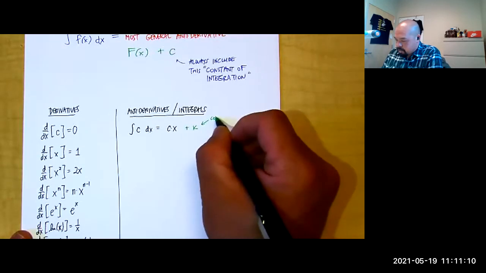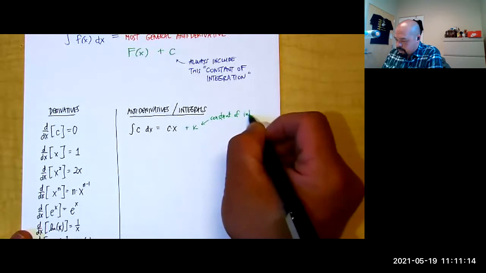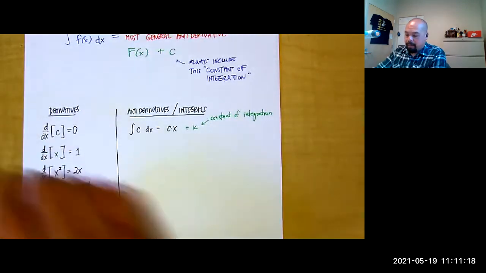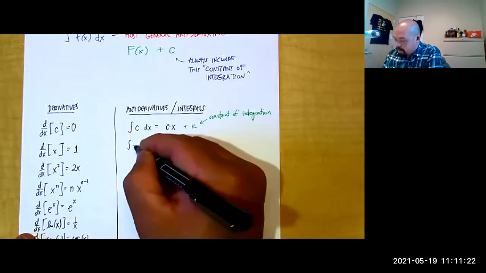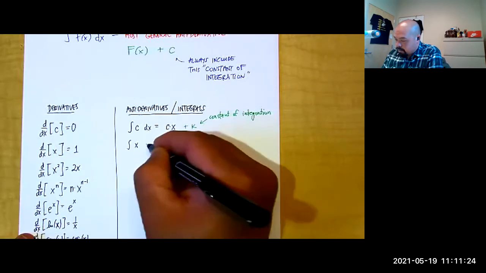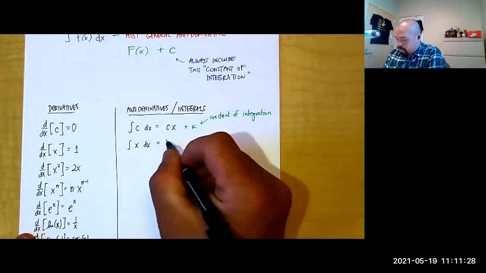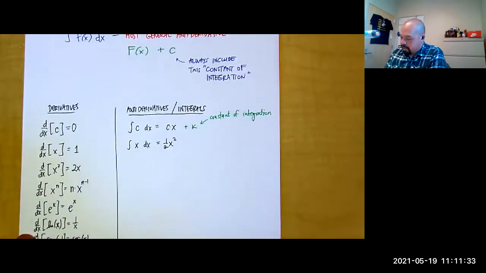There's my constant of integration. I'll use a different letter just to make it stand out, right? But as we go through, the integral of x is 1/2 x squared. I'll put a little plus c.